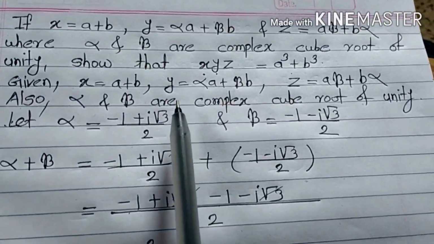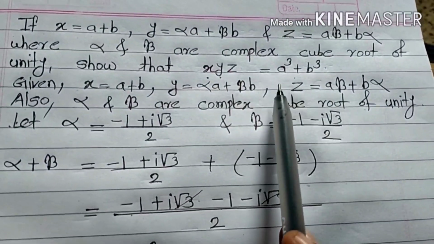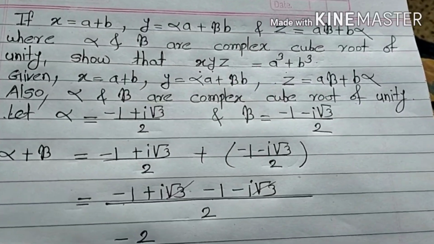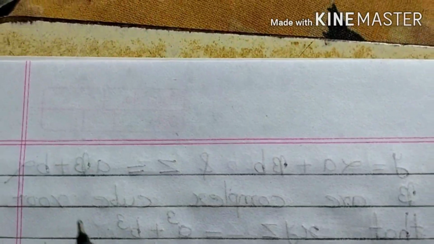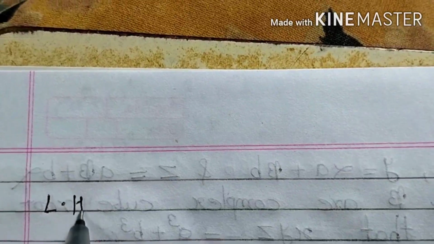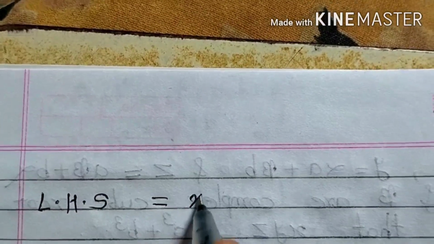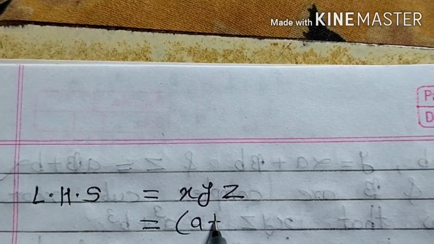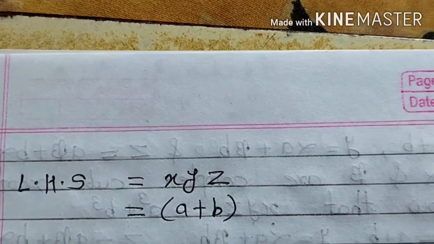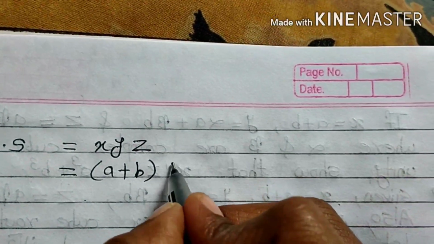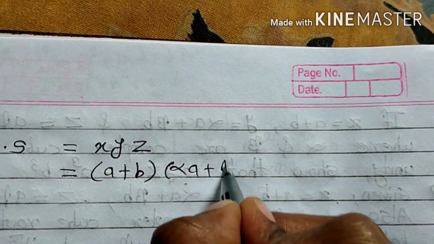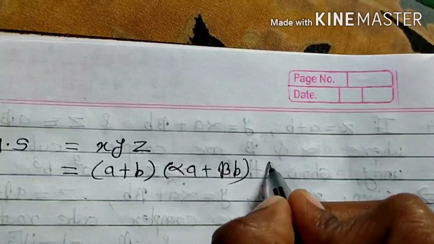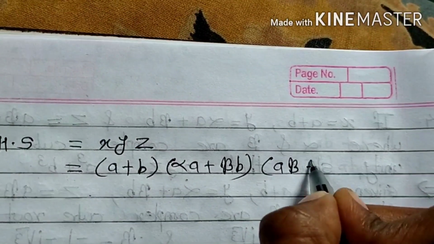So we have to prove that xyz is equal to a cube plus b cube. Now take the LHS of this. LHS is equal to xyz. Now put the values of x, y, z: the value of x is a plus b, the value of y is alpha a plus beta b, and the value of z is a beta plus b alpha.